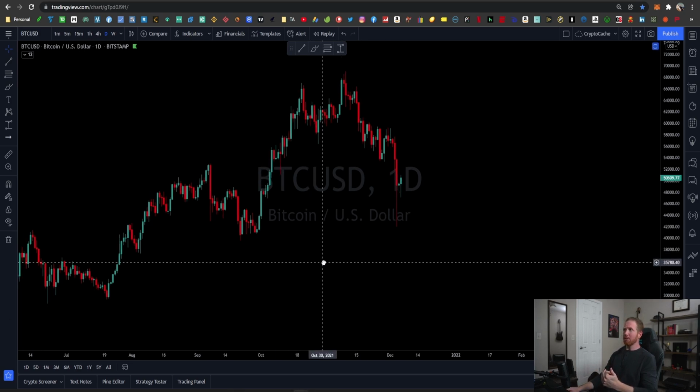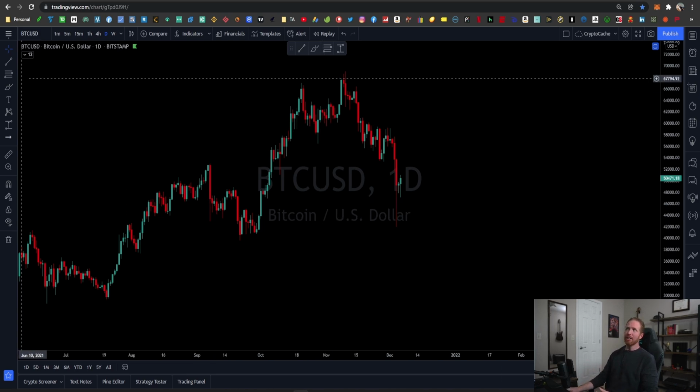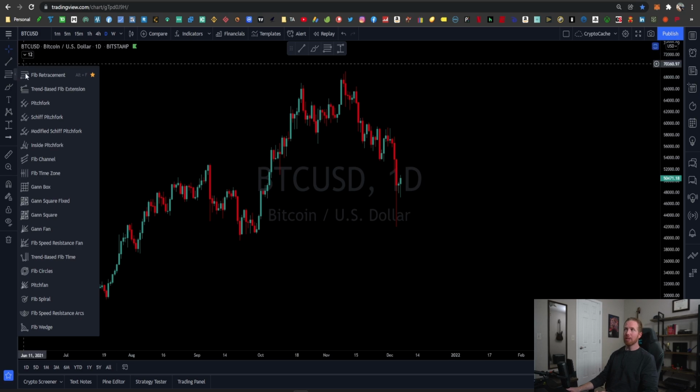And to rewind a little bit too, in order to find Fibonacci retracement, there's a few different ways you can do it. The primary easiest way is to find it right here as the third most available option. It is in this category here. It'll be labeled as Fib retracement, short for Fibonacci. Now, if you are using just separate exchanges, a lot of them have TradingView built in, so you can probably find Fibonacci retracement within that, right?